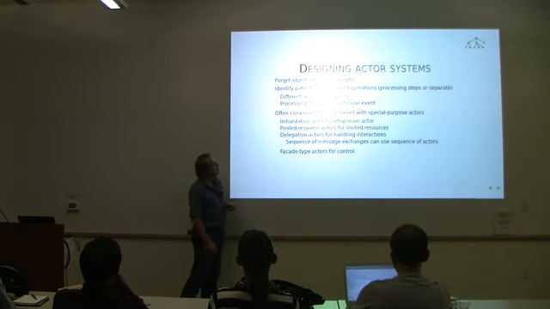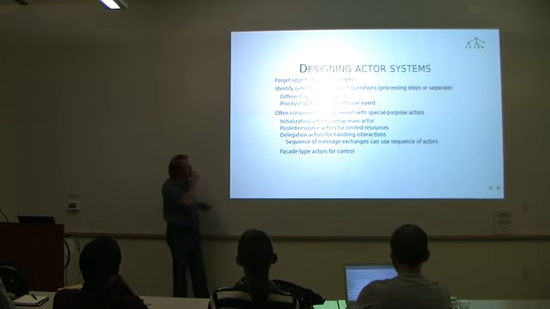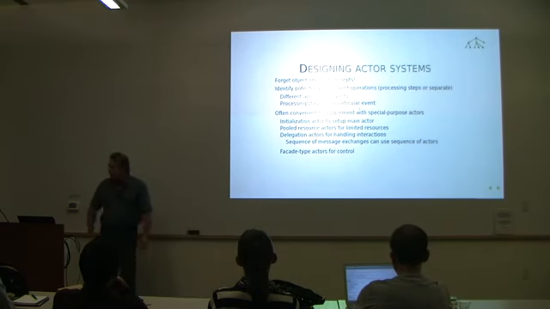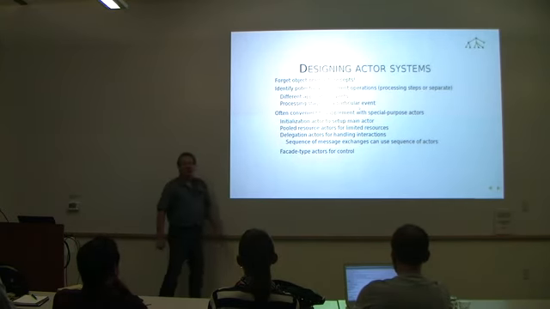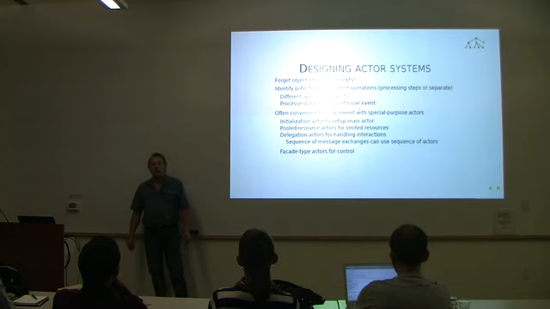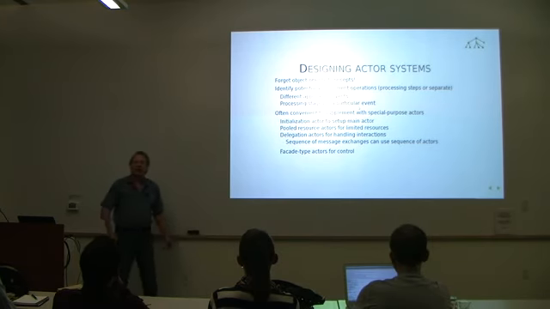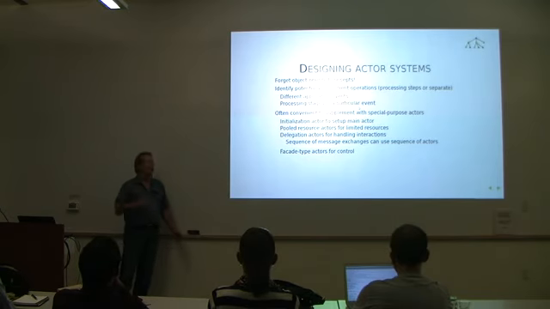Then you start supplementing with special purpose actors. So an initialization actor to set up a main actor. This is often convenient, especially in Scala. Java has the whole null reference thing. Scala doesn't allow you to use null. So instead you have what's called an option, which is either a value or it's not.